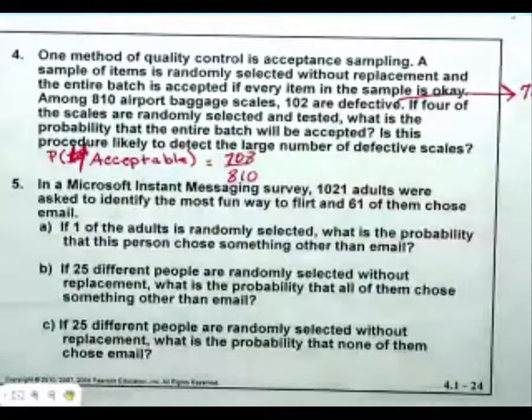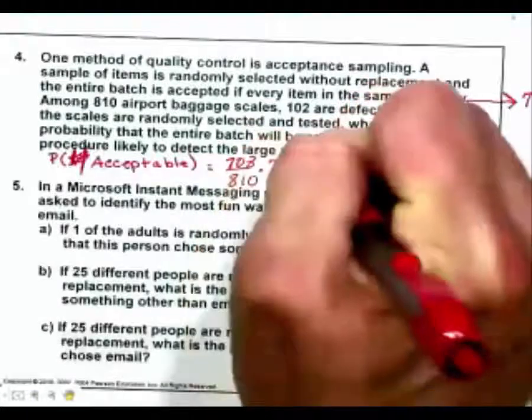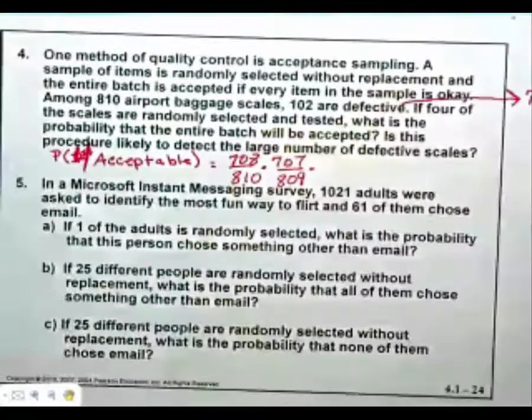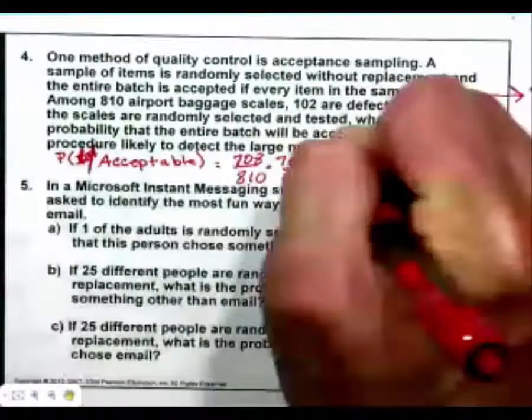If we draw out an acceptable one and don't put it back in, what's the probability that the next one's going to be acceptable? 707 out of, now there are only 809. And if that one's acceptable and I don't put it back, what's the probability that the next one is acceptable? And the last one?